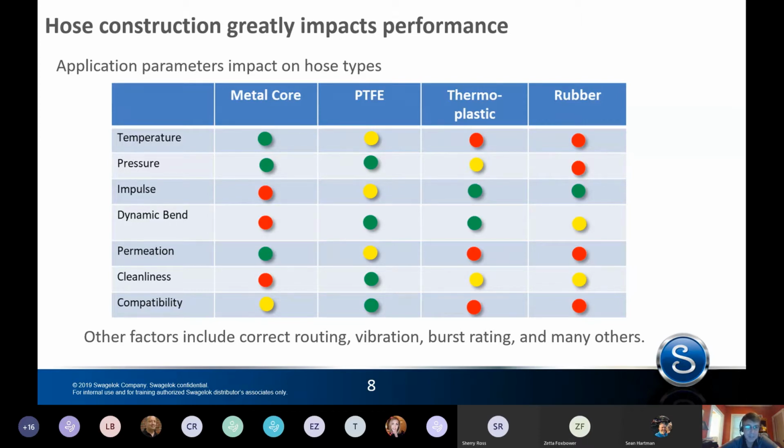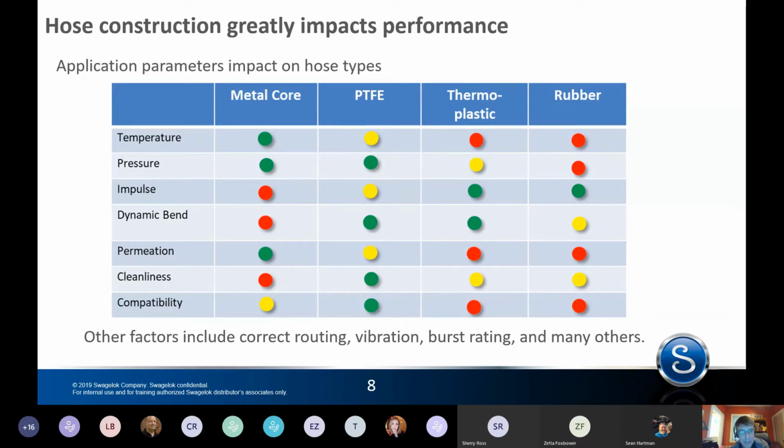At the same time, things like permeation, which we'll talk about a little bit later, a metal hose will not permeate at all, will not allow gas to permeate through the hose at all, where a thermoplastic or a rubber hose or a PTFE hose will. So different things play into how a hose will perform in an application.